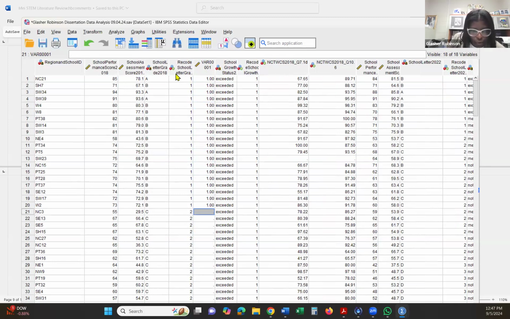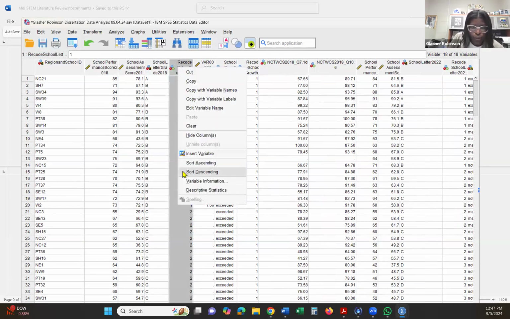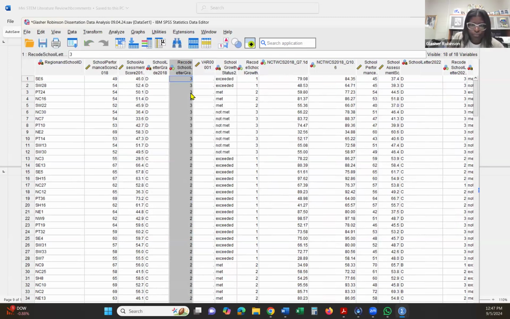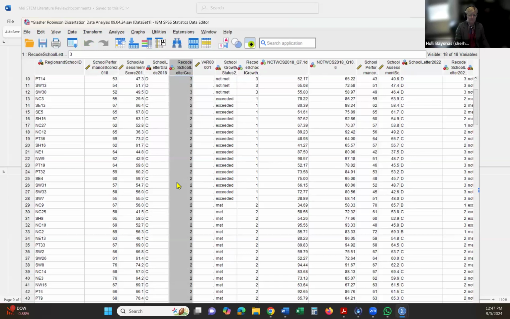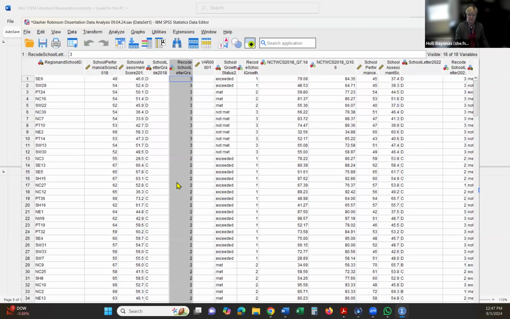Correct. So that's where the outlier group still existed, the ones that were C's. There aren't so many F's, so D and not exceeded. So this is group 2.